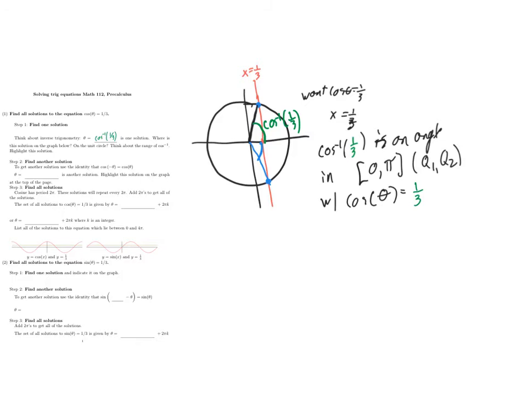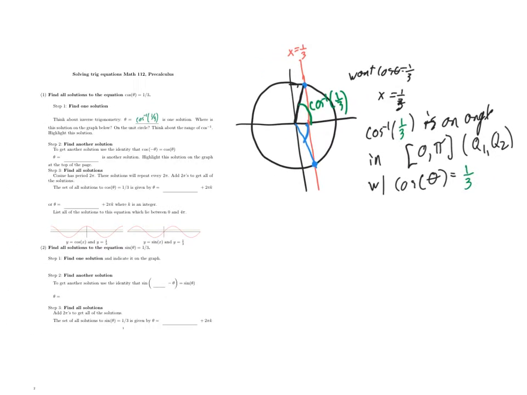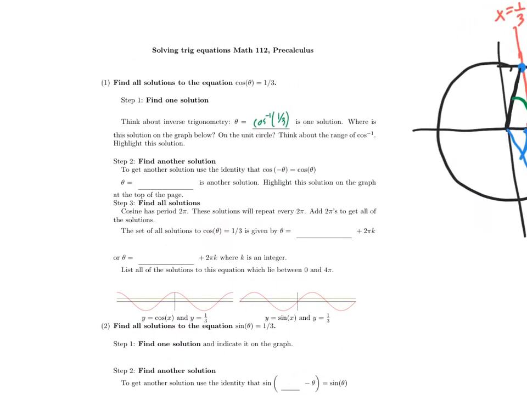Well, it looks like it's the exact same, just reflected over the x-axis. So the second one, this angle, will be exactly the negative of that green angle. So the second solution to this equation is given by theta equal to negative cosine inverse of 1 over 3. So there's the second solution.